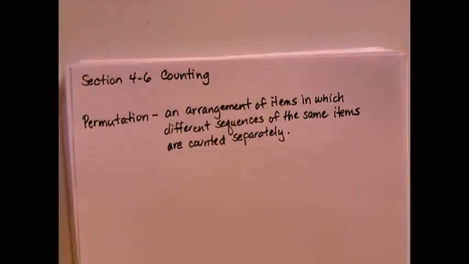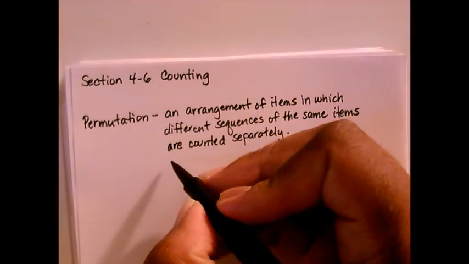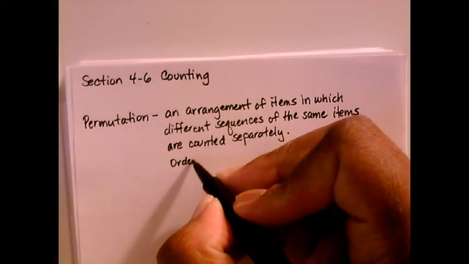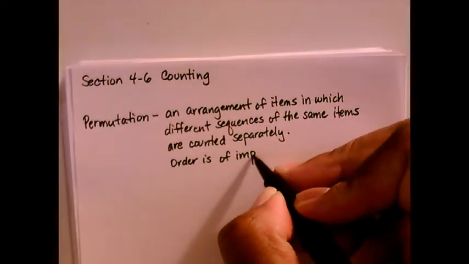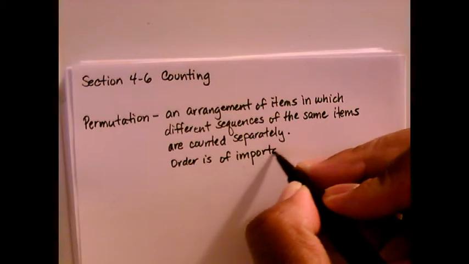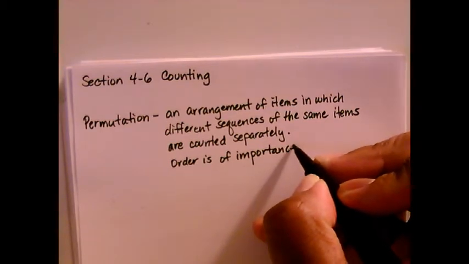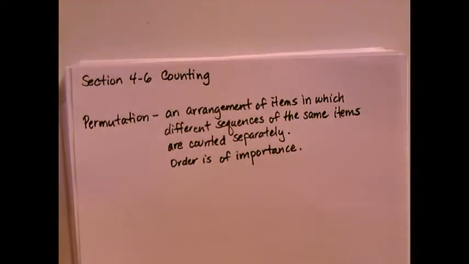Now, to put this into perspective, the order is of importance. Okay? So if we're going to be arranging items in a specified order, and if it's of importance, then that means we do have a permutation type problem.